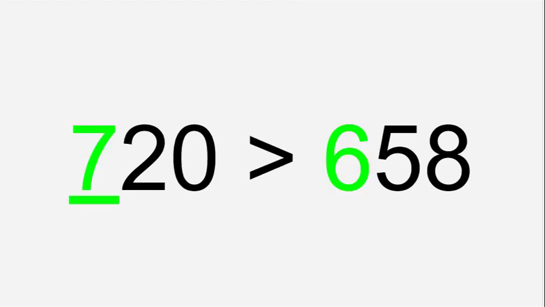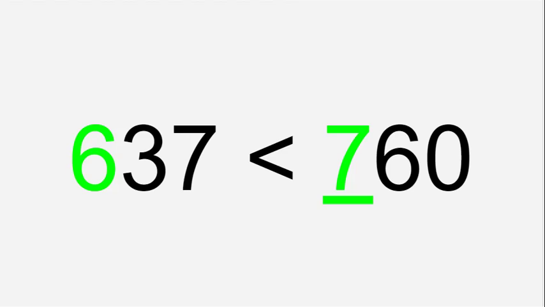Our next problem is 720, 658. Which one is bigger? We compare the 7 and the 6. 7 is greater than 6, so 720 is greater than 658. Well done. Remember, you should only be adding in the sign. You don't have to copy down the numbers.